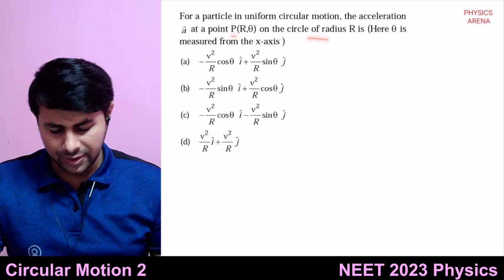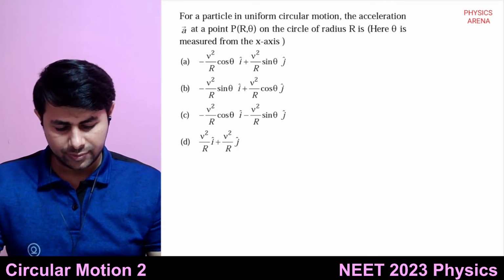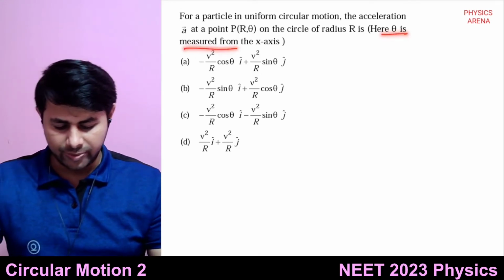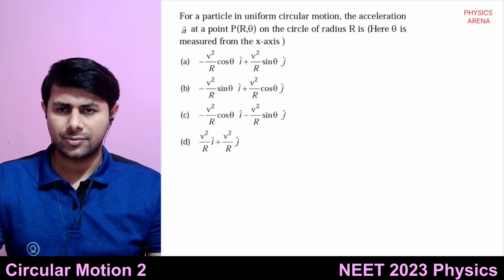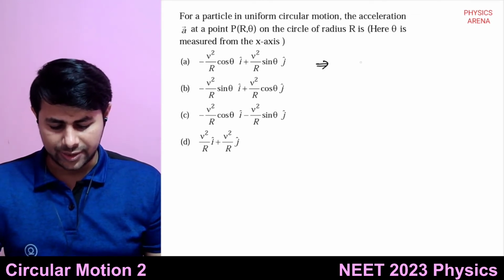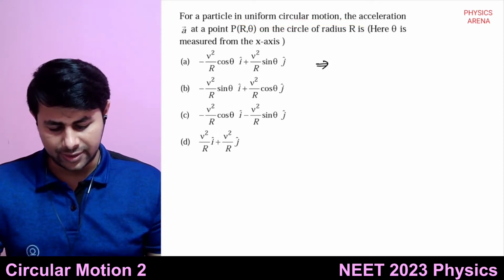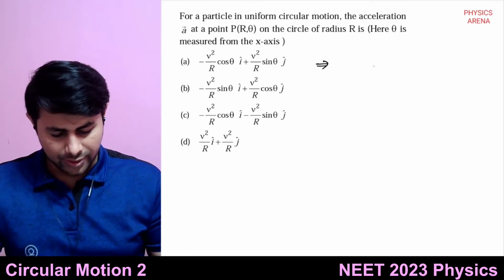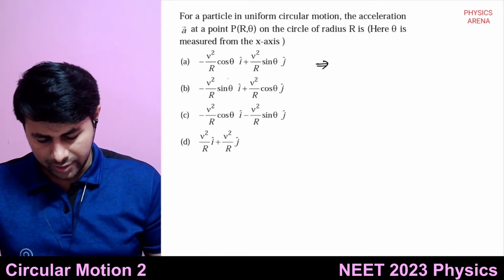Okay, for a particle in uniform circular motion, the acceleration a bar at a point P on a circle of radius r, measured from the x-axis, is, tell me. Here theta is measured from the x-axis. What will be the answer? Since it is performing uniform circular motion, acceleration will be the centripetal acceleration.